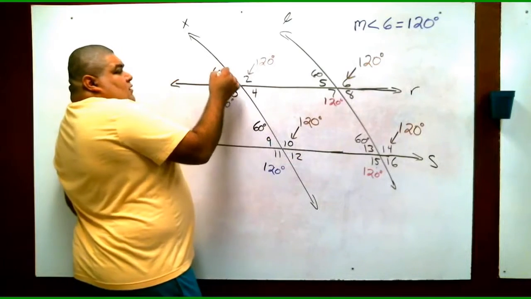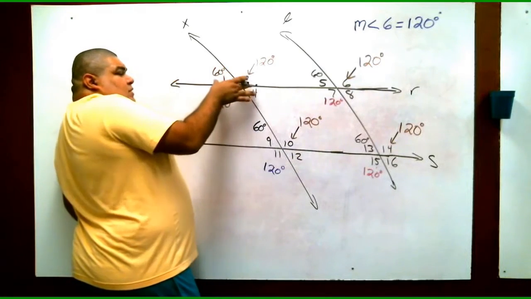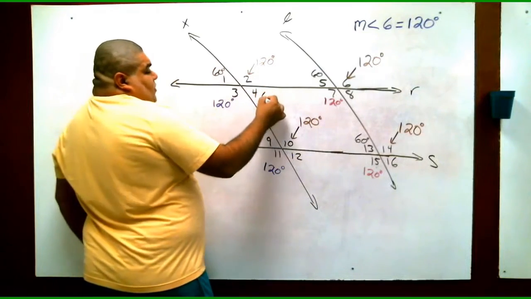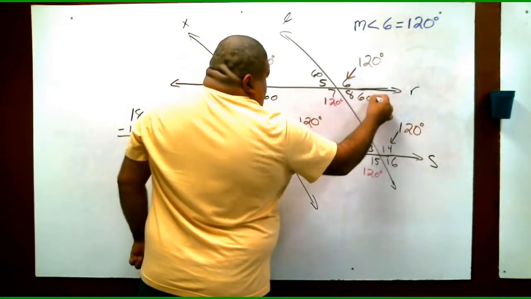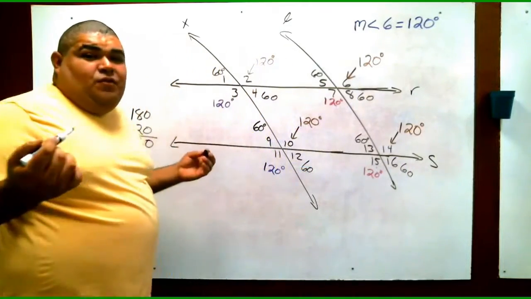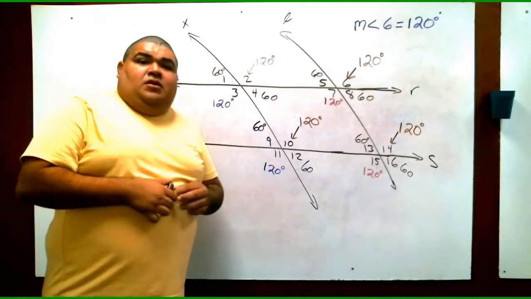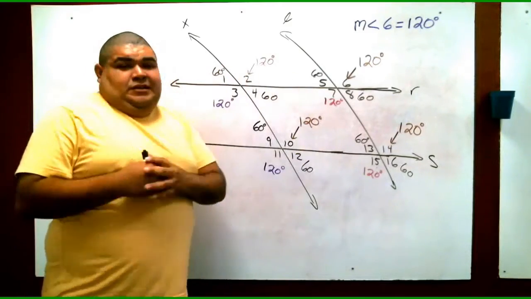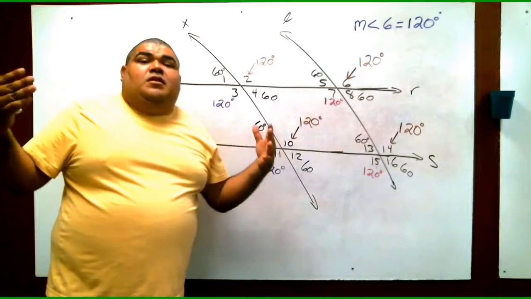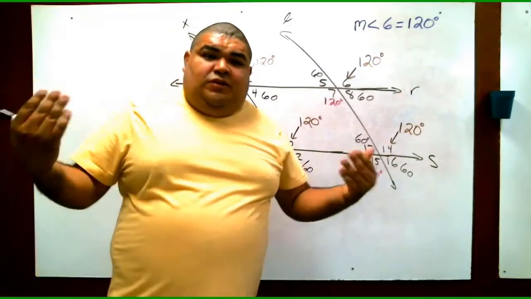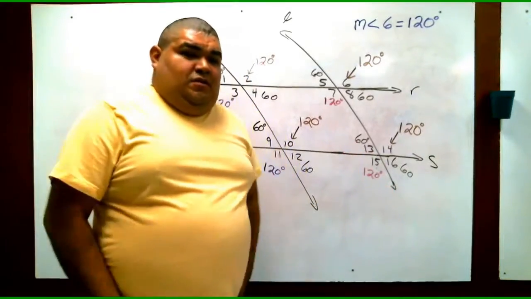Again, by congruency of angles, or again, the bottom is another supplementary, 120 and then the rest, which is also 60. So now we solve for all the angles. Our big angles were 120, our small angles were 60. And that is how we solve for angles using alternate exterior, alternate interior, corresponding, and consecutive interior.